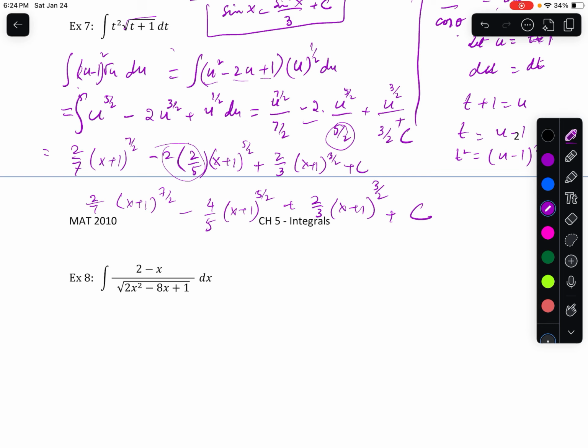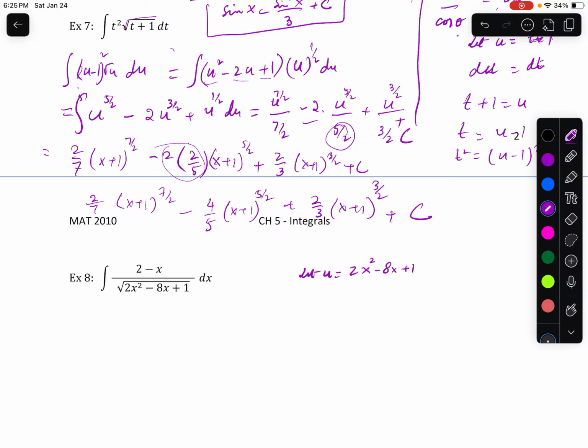Well, derivative sometimes we can see it, sometimes we cannot. So just try it. Let's say let u equal the expression under the square root, which means 2x squared minus 8x plus 1.